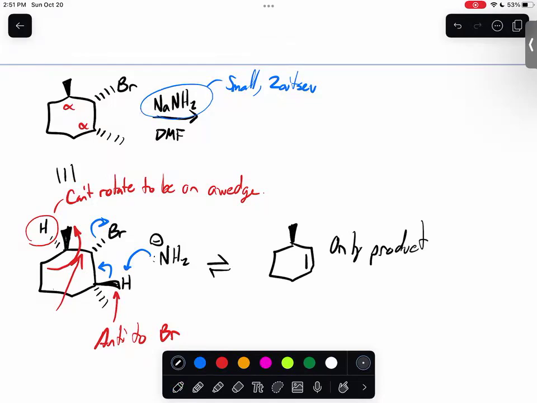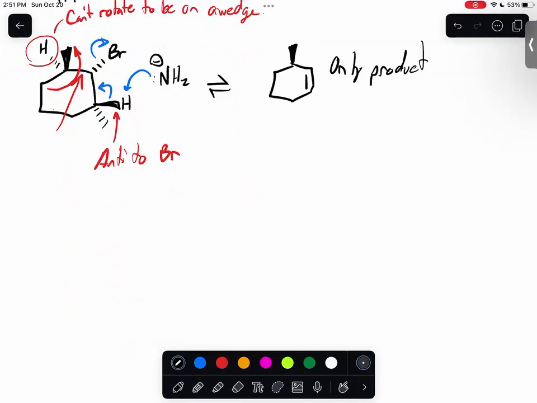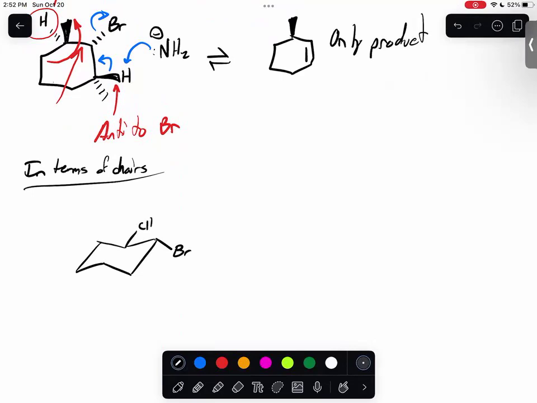The other interesting part is if we were to look at this in terms of chair conformers, because remember, everything comes back in this class. If we drew out a chair of this, we could draw it where we have the bromine on the dash, so it's pointed downward, a CH3 pointed up here, a CH3 pointed down here, and then our hydrogen here.